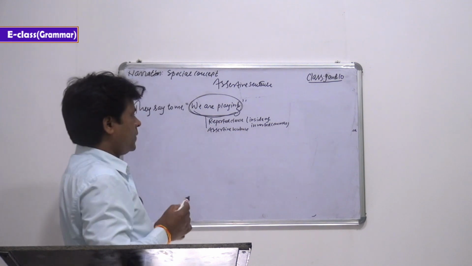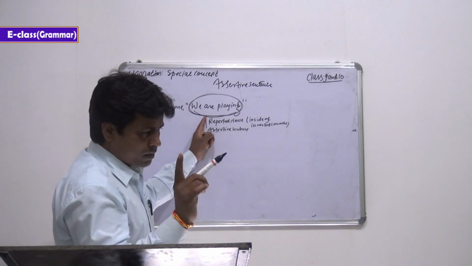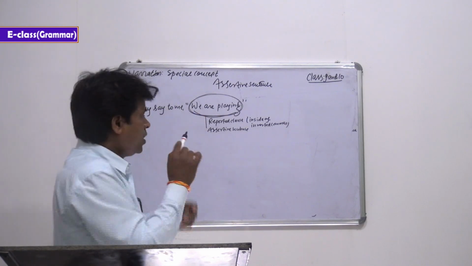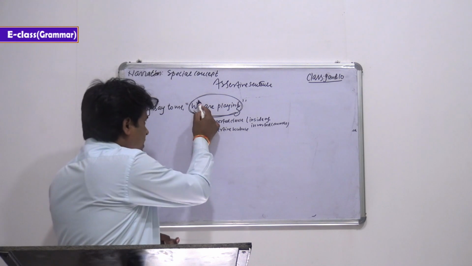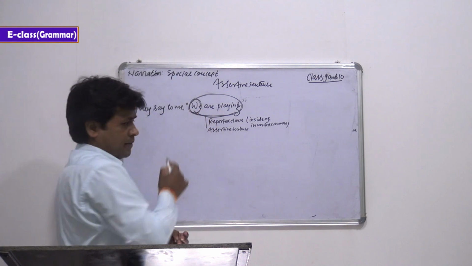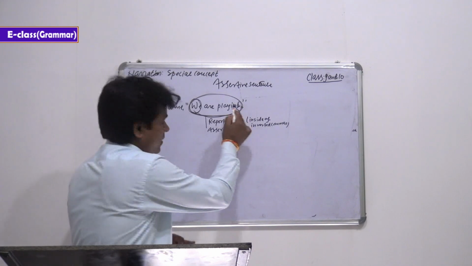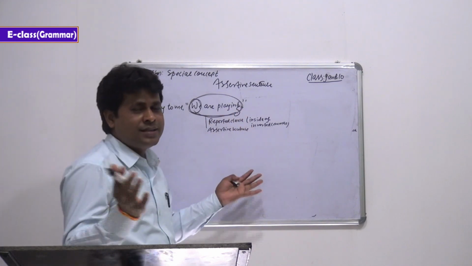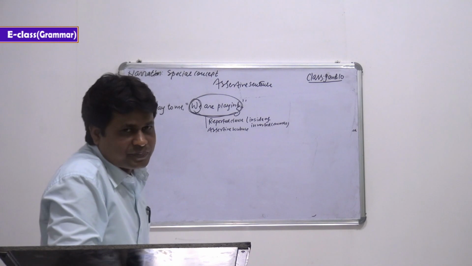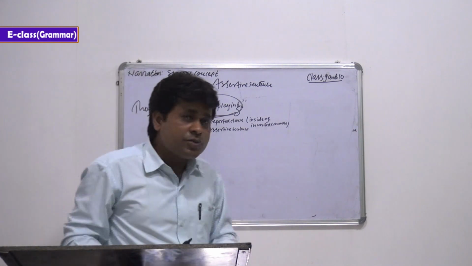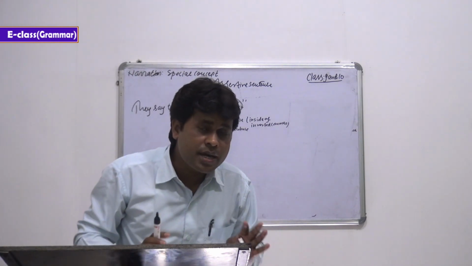Why? Because it's saying something. Number two, it has started with a subject here and ends in a full stop here. So this is an assertive sentence. Now, how will you change this into indirect speech? Indirect narration.